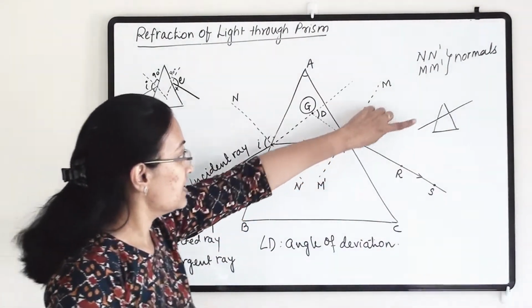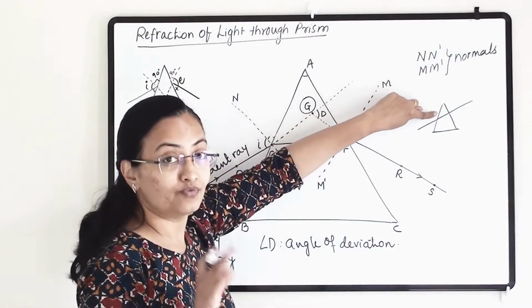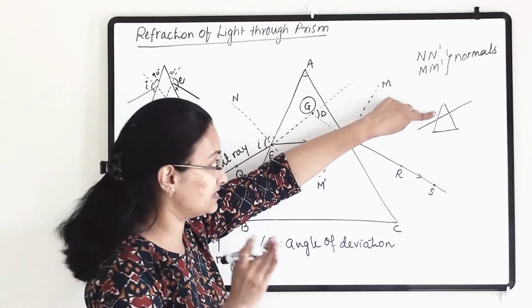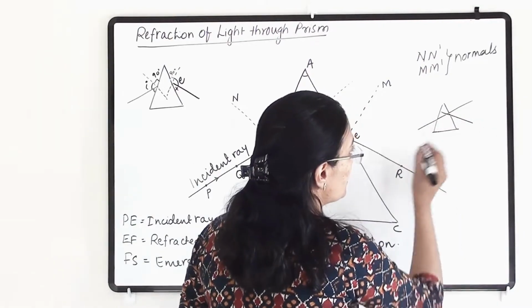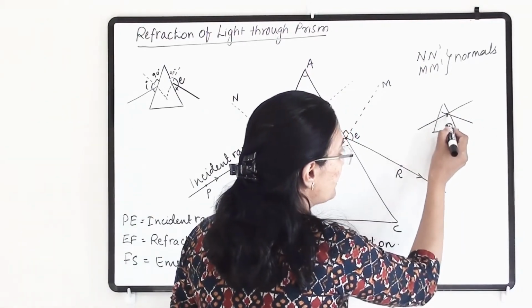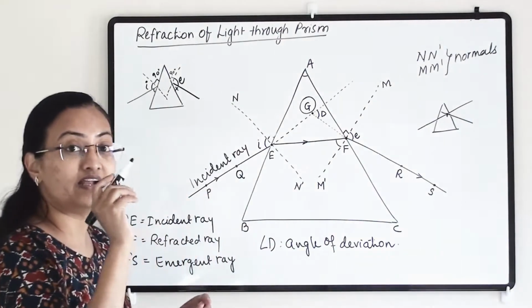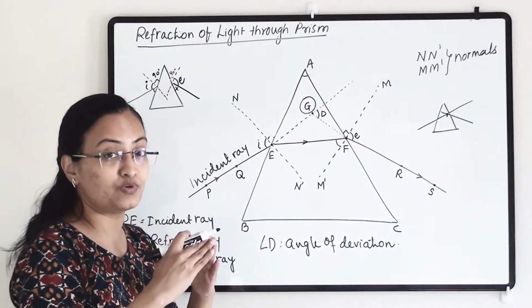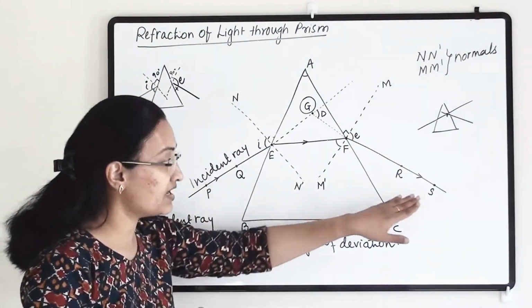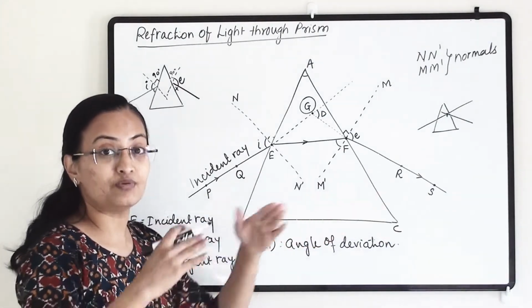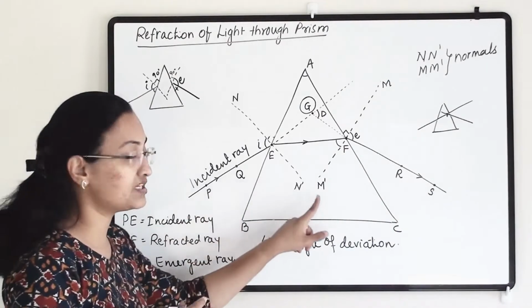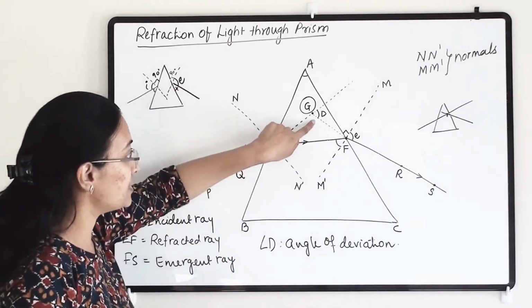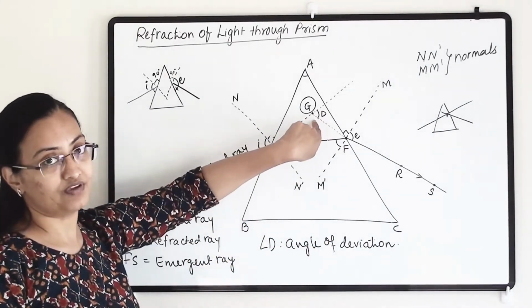This angle suggests that this much is the difference between the incident ray and the emergent ray. So that much the ray has been bent or changed because it has changed the medium. That's why it is known as the angle of deviation.